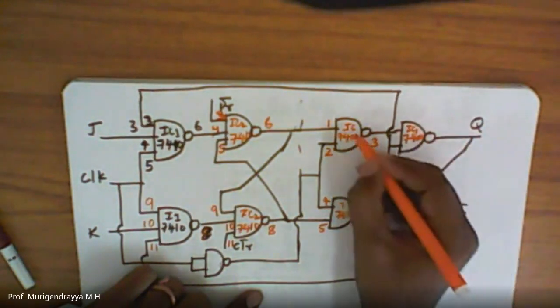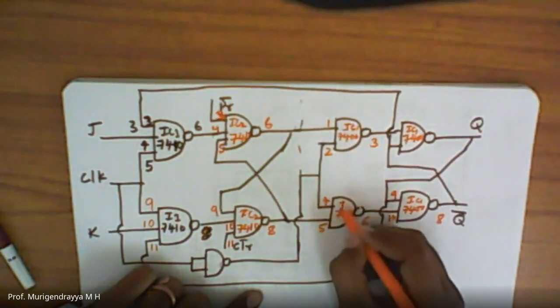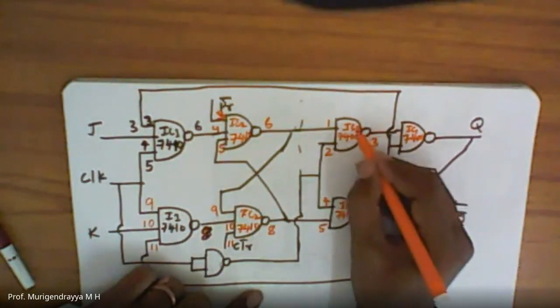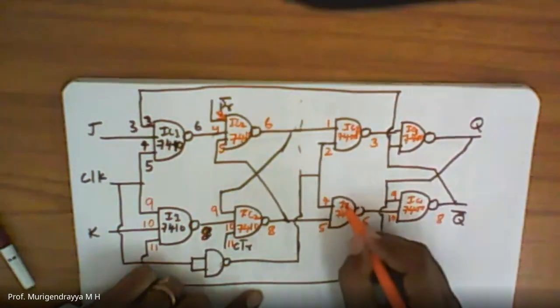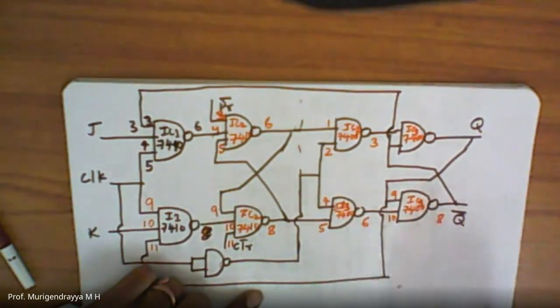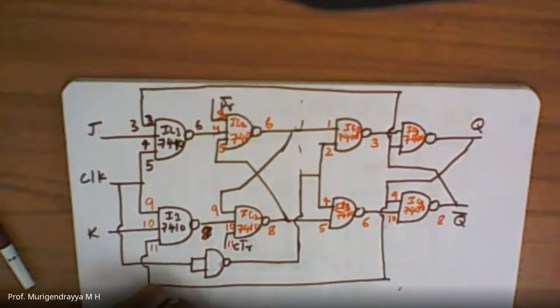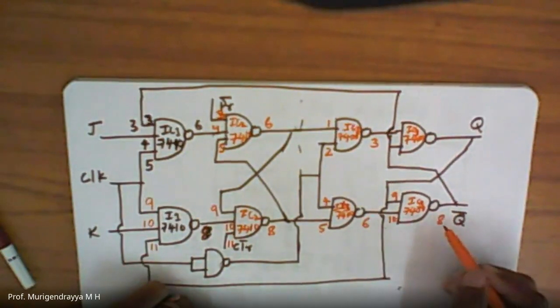You can write IC3. 1, 2, you can write 3. This is IC3. Then this is 9, 10, 8.